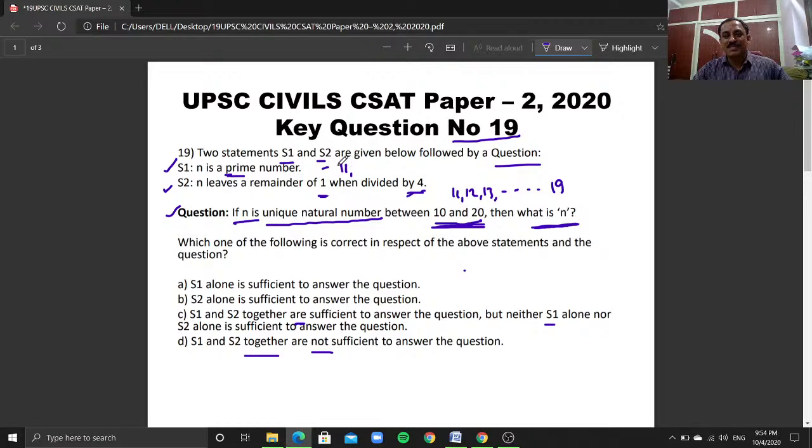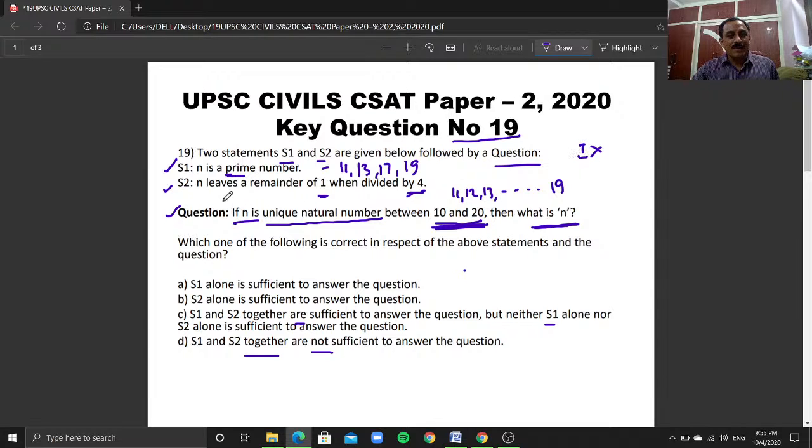The number should be between 10 and 20: 11, 13, 17, 19. Between 10 and 20, 4 prime numbers are there. According to statement 1, we got 4 answers. But according to data sufficiency, the answer must be unique. So S1 alone, the first statement alone, is not sufficient.